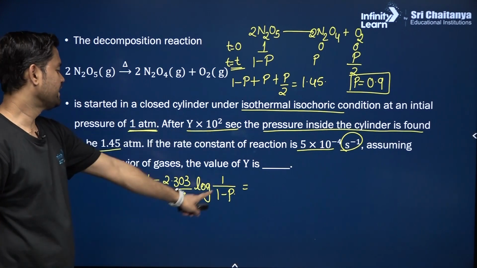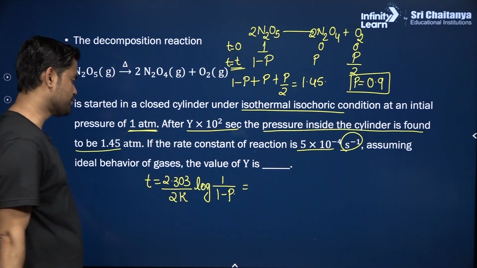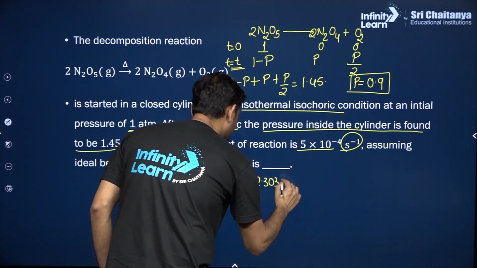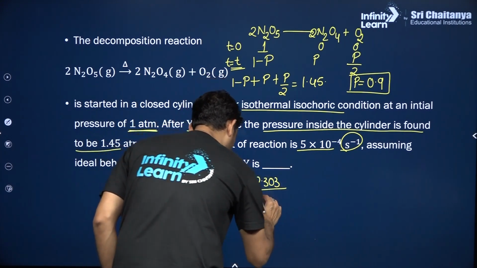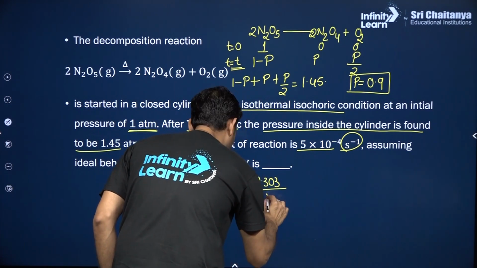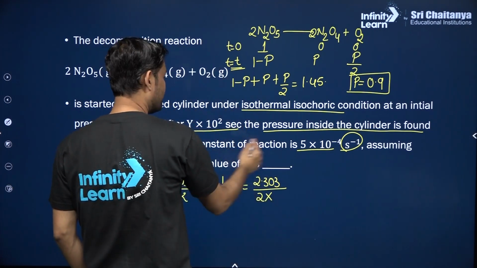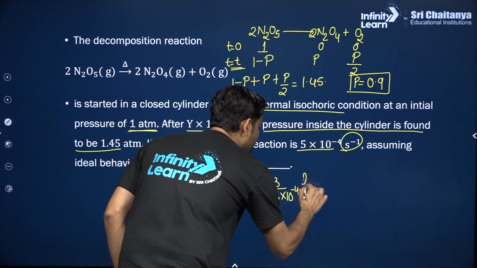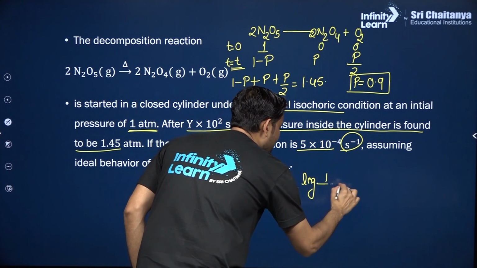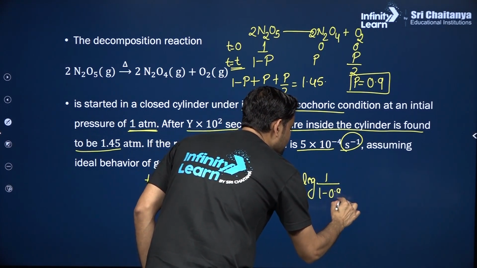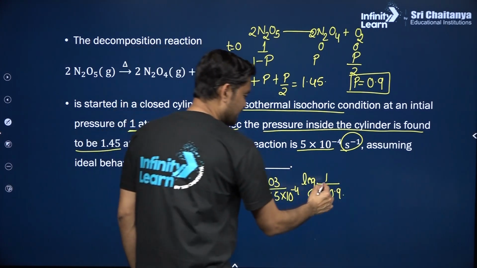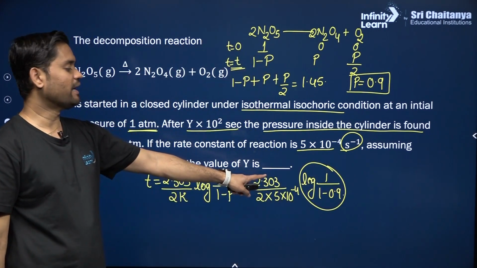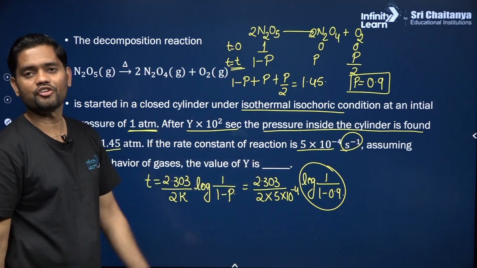The rate constant k is 5 into 10 raised to minus 4, so 2.303 by 2 into 5 into 10 raised to minus 4, log of 1 by 1 minus 0.9.